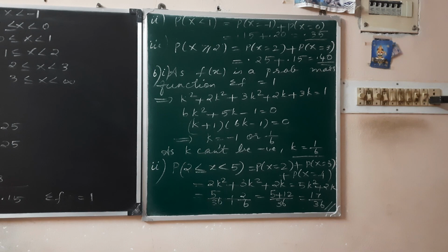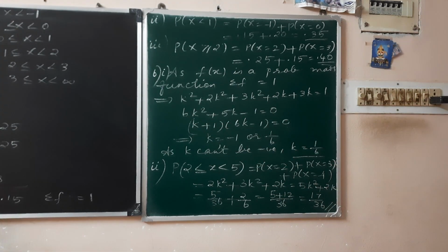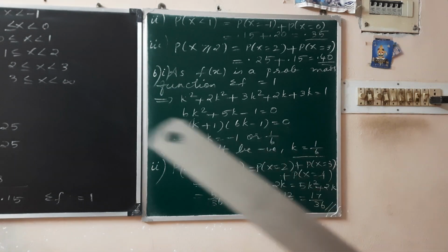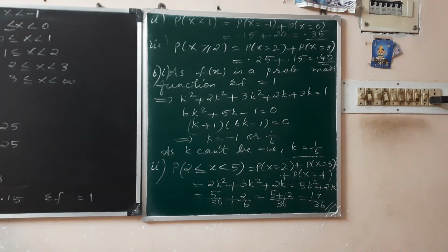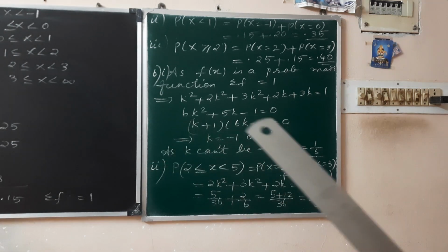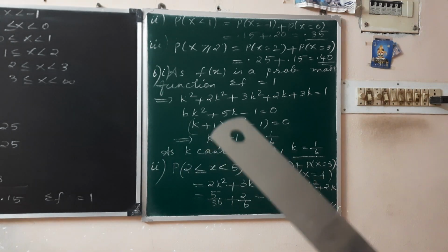For that we use the concept that if this given function is a probability mass function, the total probability should be 1. So that means k square plus 2k square plus 3k square plus 2k plus 3k is equal to 1, which means 6k square plus 5k minus 1 equal to 0. So it's a quadratic equation in k, and we factorize the left hand side. We get it as k plus 1 into 6k minus 1.